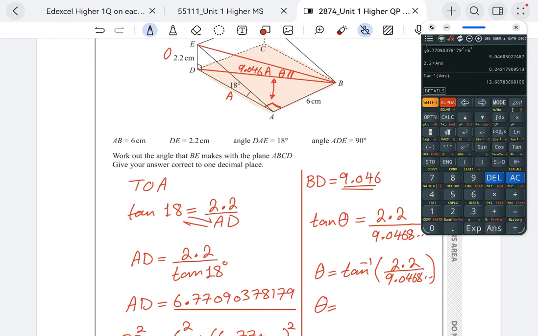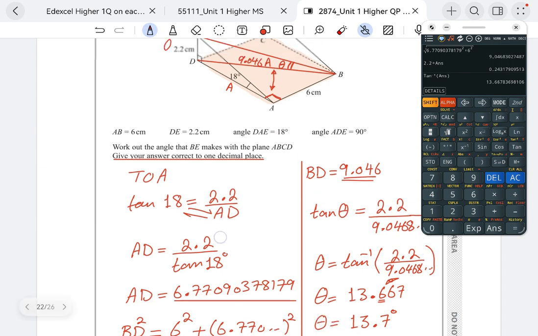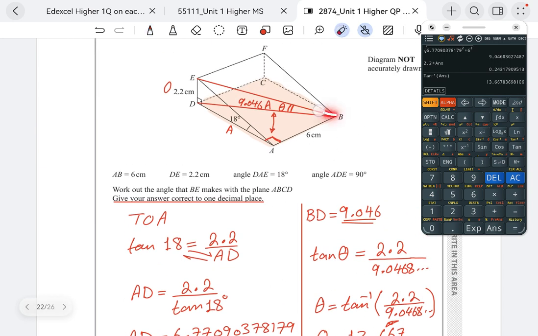So it ends up with my angle being 13.667 and so on. You have to give your answer correct to 1 decimal place. So 1 decimal place is after the 6. If you look at the number to the right, you'll find it's 5 or more. So at the end my answer rounds up to 13.7 degrees. This is theta, the angle between BE and the base of the prism.